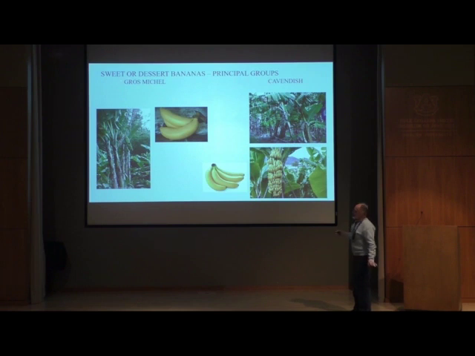The sweet bananas had two groups, big, tall ones like that, and then ones that are a little more manageable in height. This used to be exclusively the banana that was supplied up to the late 1940s to the American and European market.